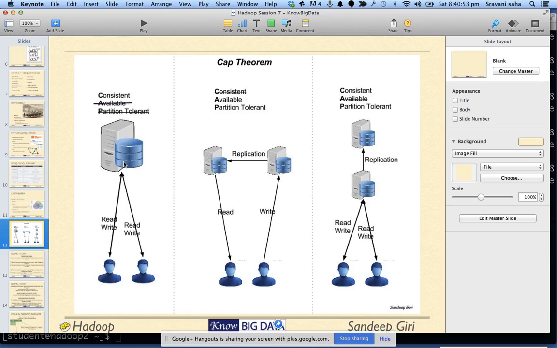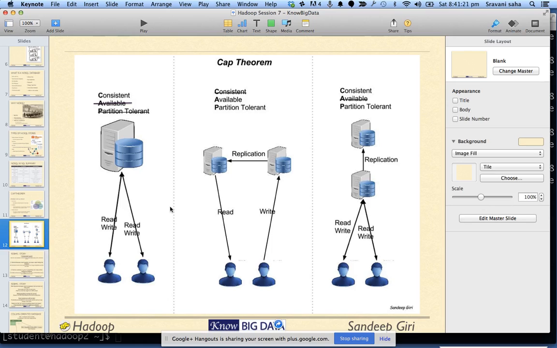Partition tolerant means in case either of the machines goes down in the network, there is no data loss at all. You have thousands of machines. If any of them goes down and there is no data loss, that means you are completely partition tolerant.